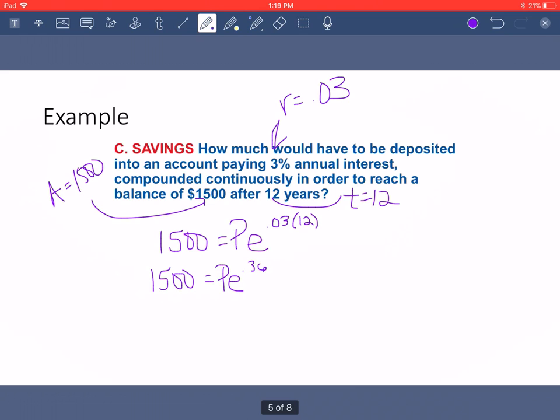Okay, and now to find my principal, I'm going to divide by e raised to the 0.36 power. In my calculator, I'm going to put in 1,500 divided by e raised to the 0.36 power.